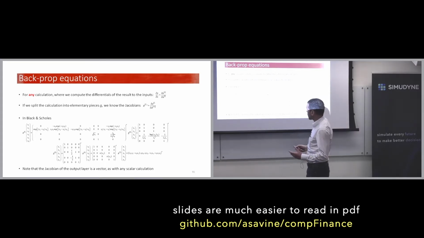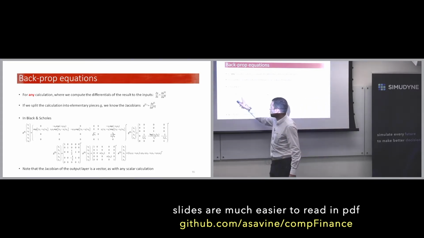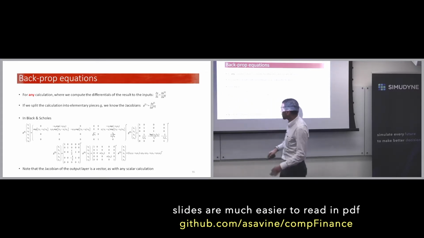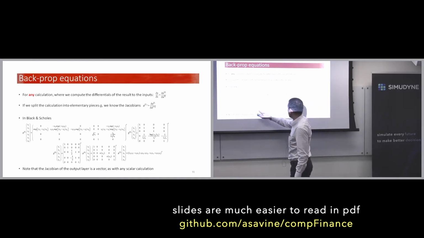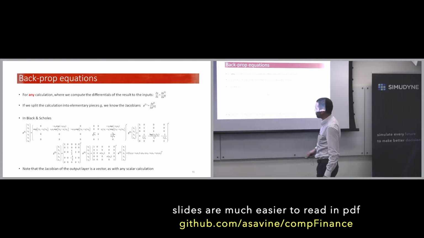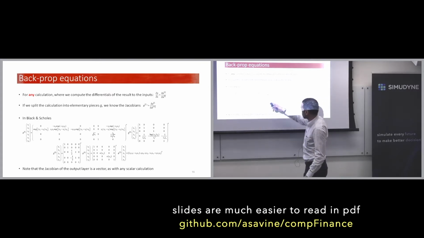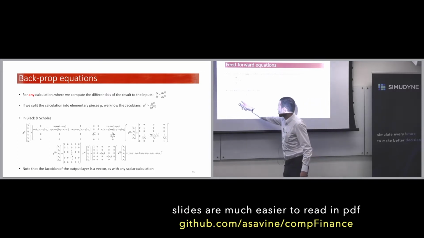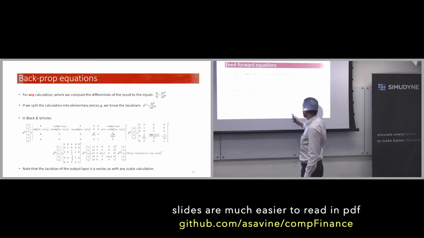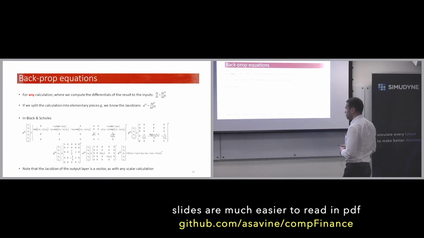For instance, in Black-Scholes, this is my Jacobian of G1. So it's the Jacobian matrix of layer 1 to layer 0. This is the Jacobian matrix of G2, G3, G4, G5. And you can see that they're all pretty trivial because these are my G functions, and these ones are just the differentials of them.